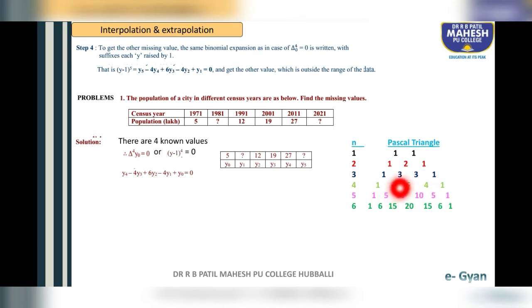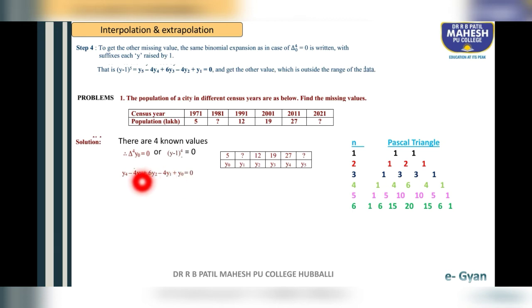Next 4 plus 1 is 5, 4 plus 6 is 10, 6 plus 4 is 10, 4 plus 1 is 5, write 1 1 constant. 5 plus 1 is 6, 5 plus 10 is 15, 10 plus 10 is 20, 10 plus 5 is 15, 5 plus 1 is 6, 1 1 is constant.